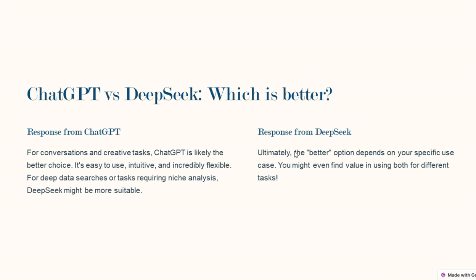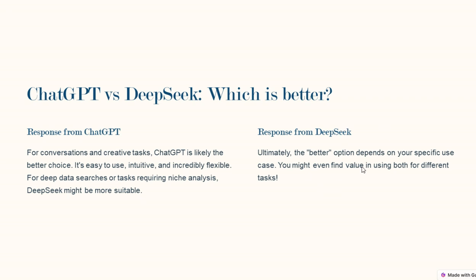When I asked the question, ChatGPT versus DeepSeek, which is better, this is the response I got from ChatGPT, and this is the response I got from DeepSeek. ChatGPT says that for conversations and creative tasks, ChatGPT is likely the better choice, but for deep data searches or tasks which require niche analysis, DeepSeek might be more suitable.